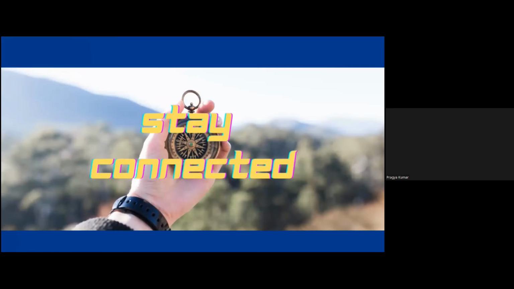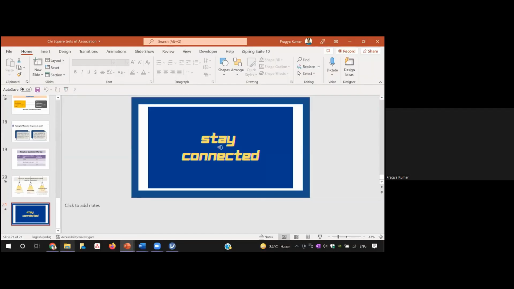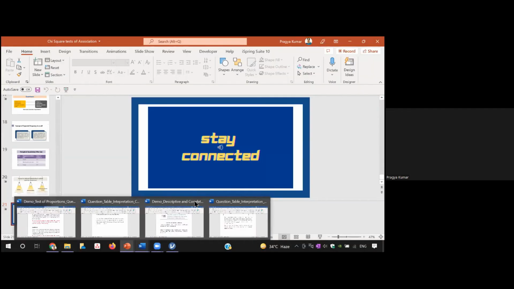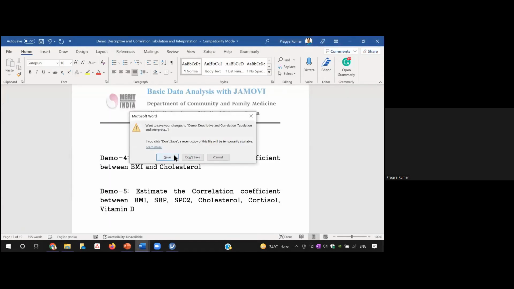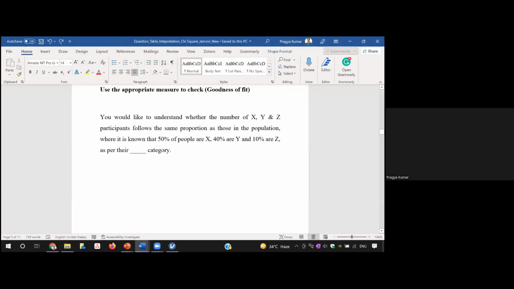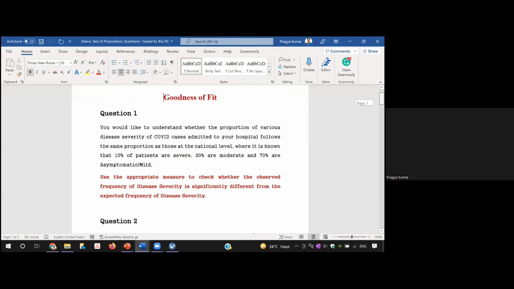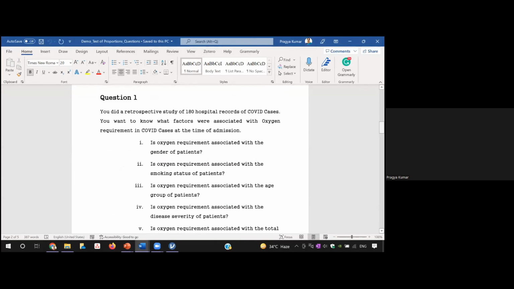Now let's see how to do this. This is the data set and maybe I will show you the question. This was the chi-square test of association, the first question. This is the record of 180 patients and I want to know what factors are associated with the oxygen requirement.